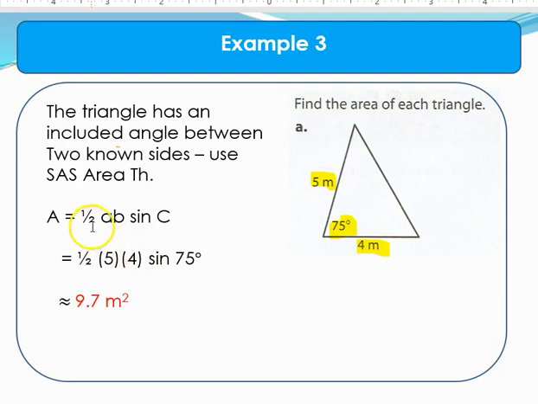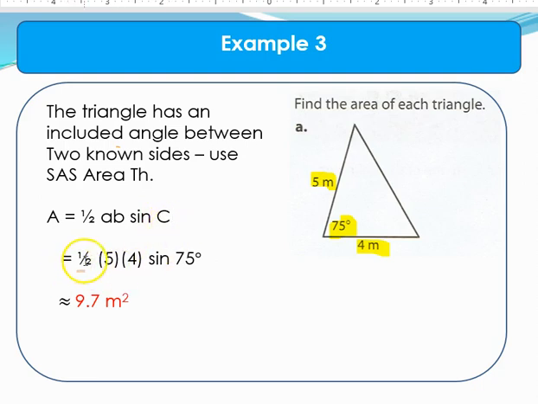They chose to use 1/2 AB sine C here, but actually it's technically sine 75 degrees. It really wouldn't matter because they have not designated any angles, what angle you put here.